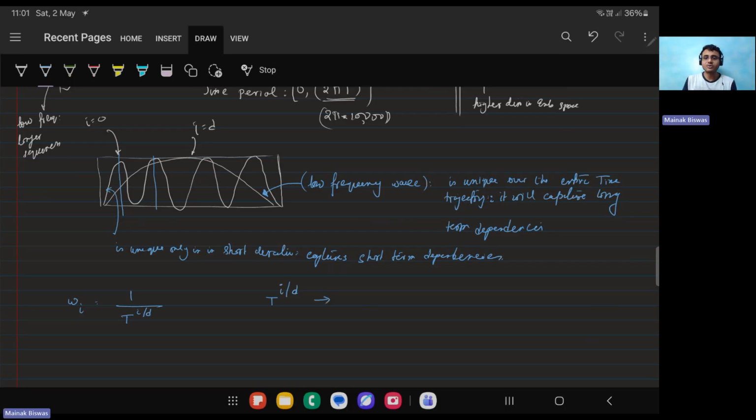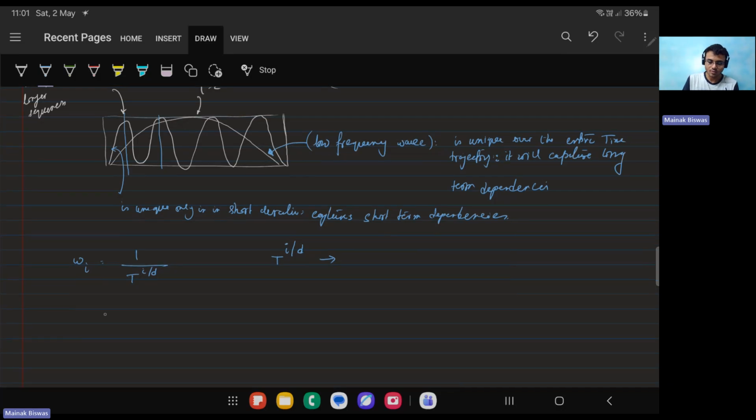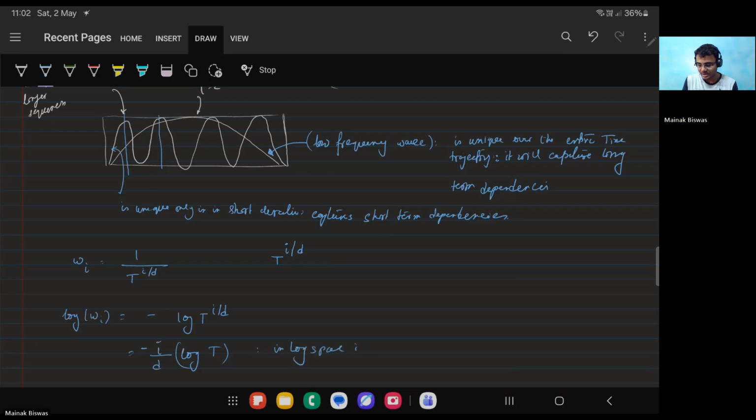If I take the log of omega I, this will become minus log of T to the power I by D, which is minus I by D into log of T, and log of T is a constant. So in log space, it is linear.